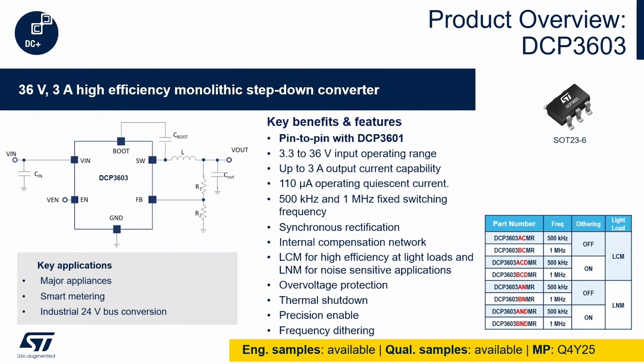And we actually have a pin-to-pin compatible higher current version of the DCP3601. It's the DCP3603, same pinout, same package, but this device is a 3 amp buck regulator. In addition to having a low noise mode and low consumption mode with and without dithering, we also offer an additional switching frequency, a 500 kilohertz switching frequency that is thought for more noise sensitive applications.